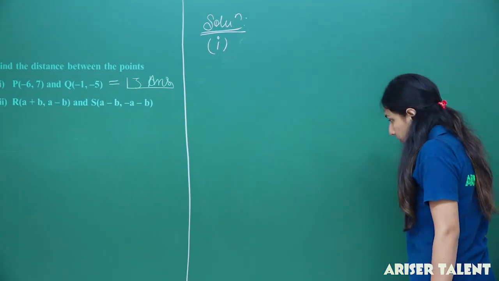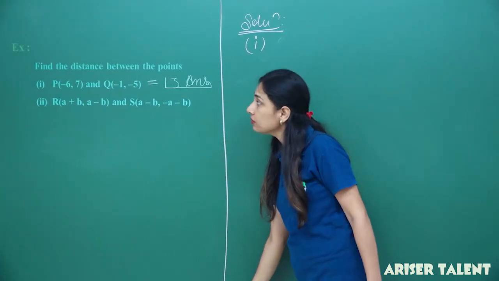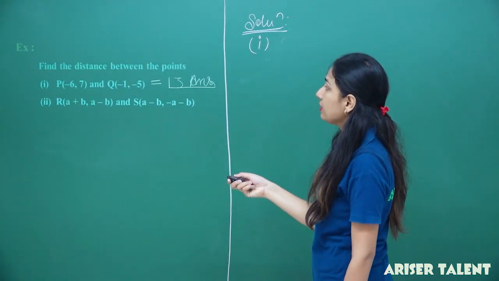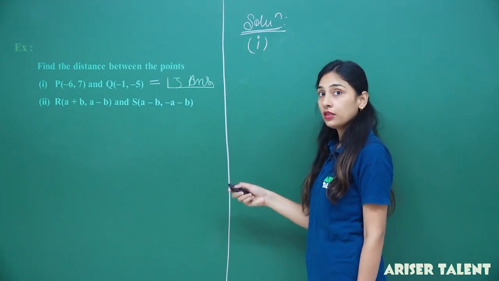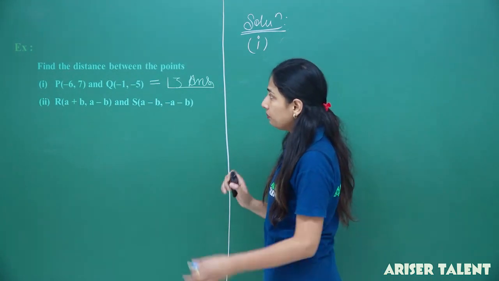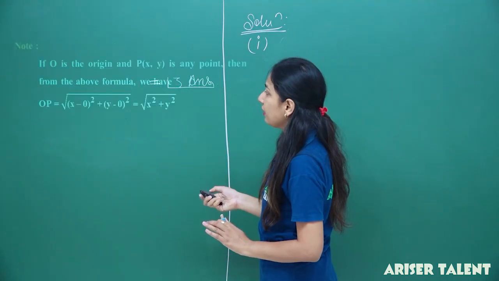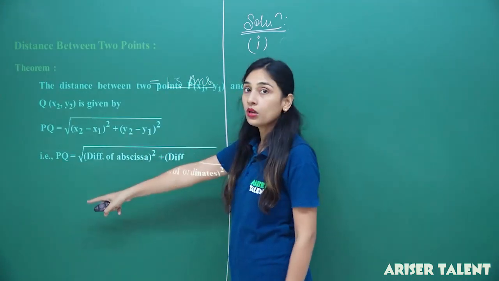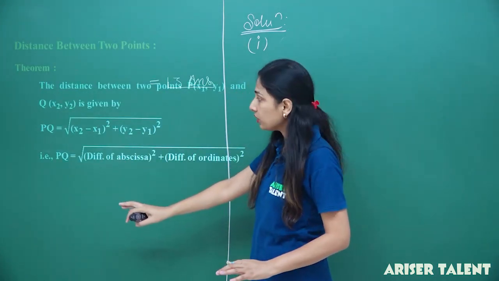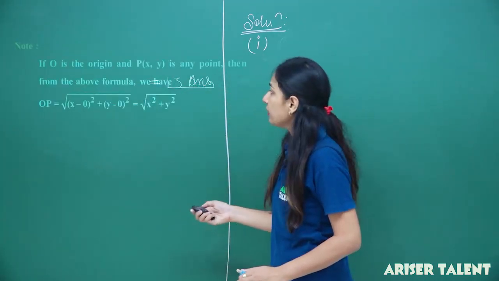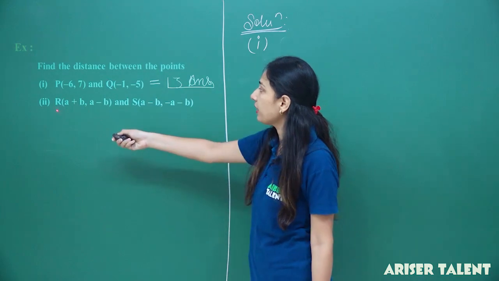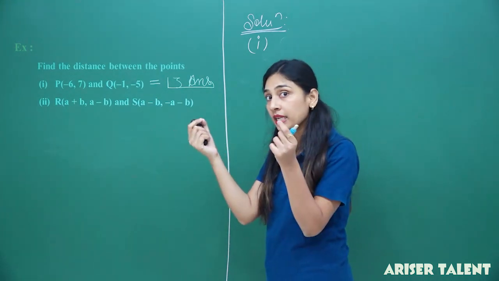Right. Now about the second one, we have this point R and the second point is S. Now don't misconceive this, that we have this formula of PQ. This is not the formula of PQ. This is the formula of distance between 2 points named P and Q. So if in this question you have the points R and S, then the distance will be RS.